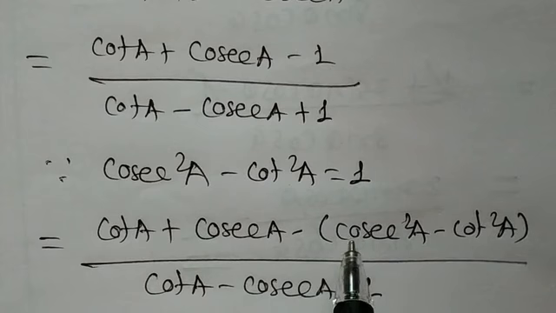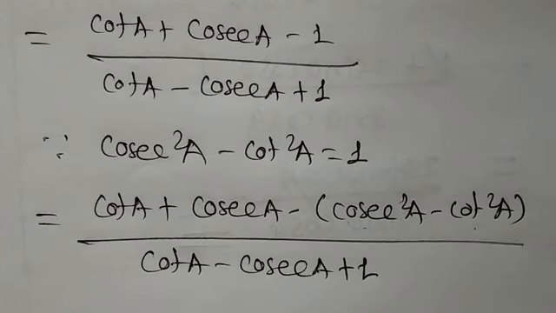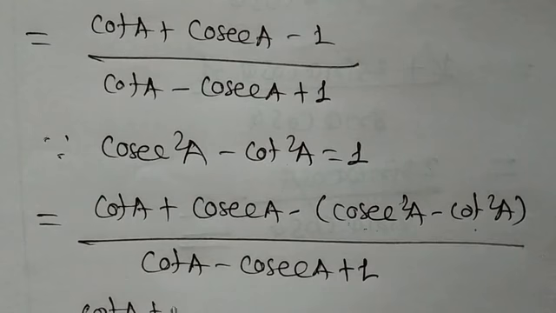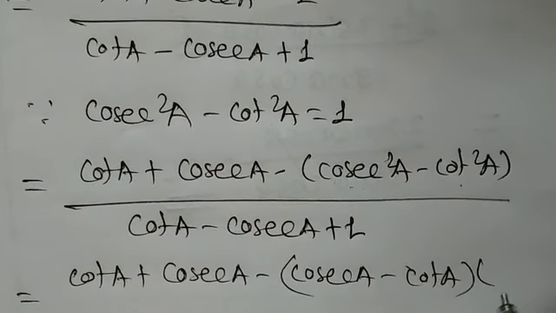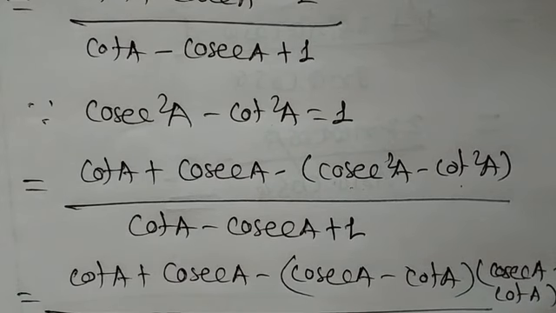Now the x square minus y square identity is x minus y, x plus y. So you can use it here: cot A plus cosec A minus the bracket cosec A minus cot A, then the second bracket cosec A plus cot A, upon cot A minus cosec A plus 1.